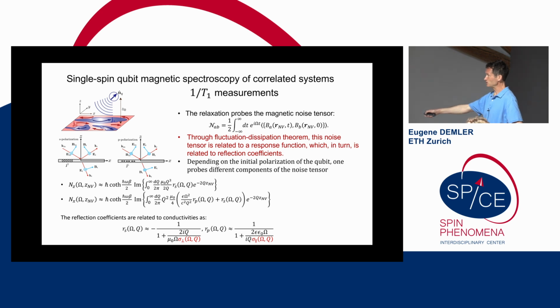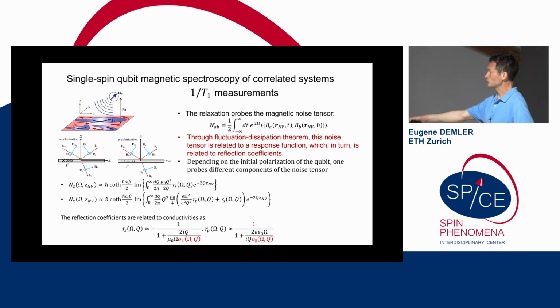Whereas in the case of in-plane magnetic field noise, it's determined by both S polarization and P polarization. But notice that the reflectivity in P polarization involves electric current which is parallel to the wave vector, which means that there is a finite divergence of electrical current, which means charge. And of course, long-range Coulomb interaction will strongly suppress this.